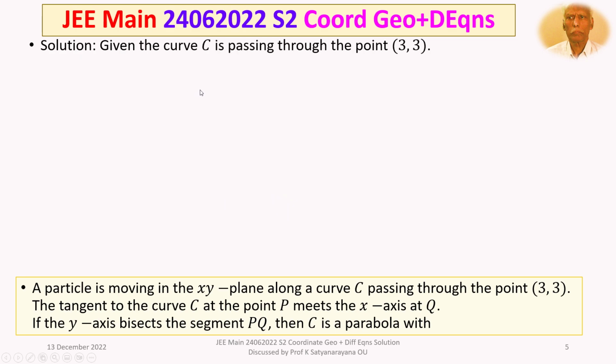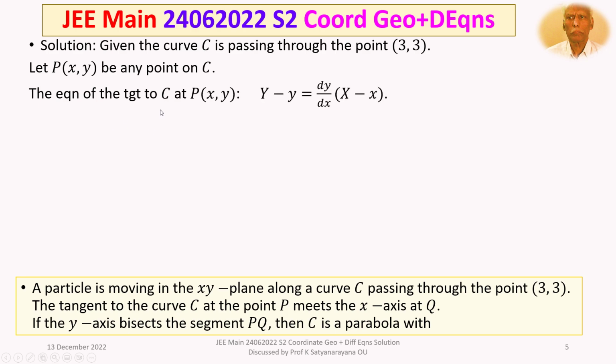We are given the curve C, and it is passing through (3, 3). Let P with coordinates (x, y) be any point on C. The equation of the tangent to C at P is given by capital Y minus y is equal to dy by dx into capital X minus x.